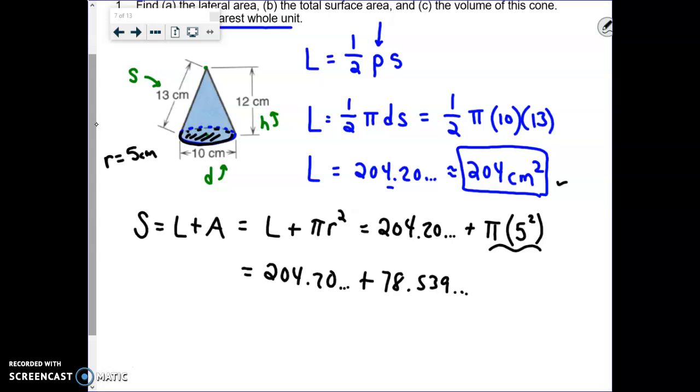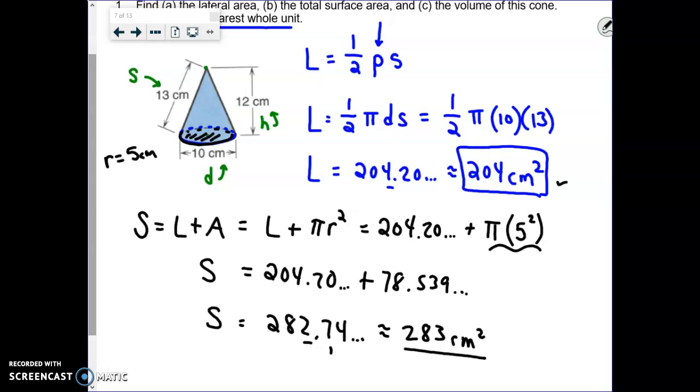And then if we add those together, we get about 282.74. Again, it says to round that to the nearest whole number, so we'll round that 2 up to a 3. So that's approximately 283 square centimeters, because again, it's a surface area.